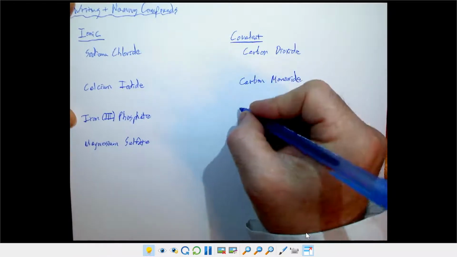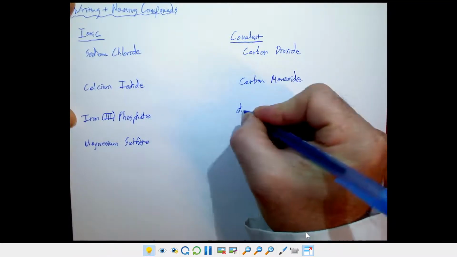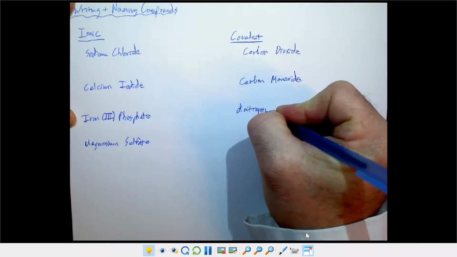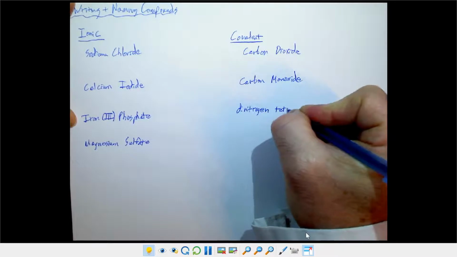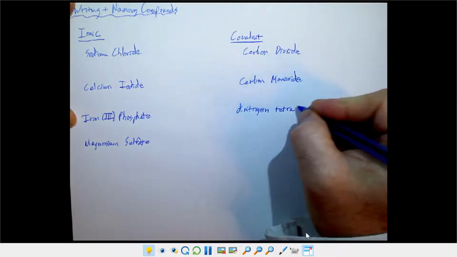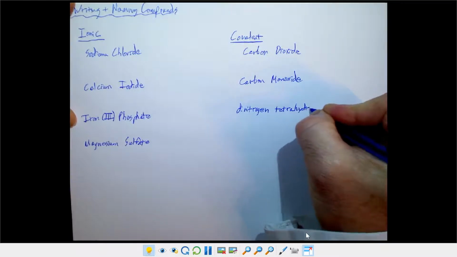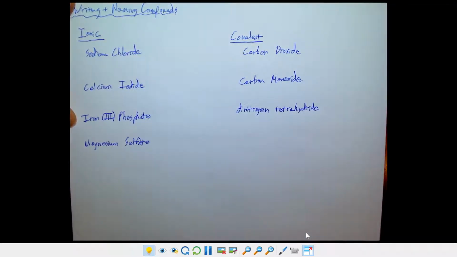And let's see, dinitrogen tetrahydride. Doesn't exist, but you know, what the heck. We'll go ahead and write the formulas for those, all right? And then when we're done, we'll switch gears and write the names for them, okay?